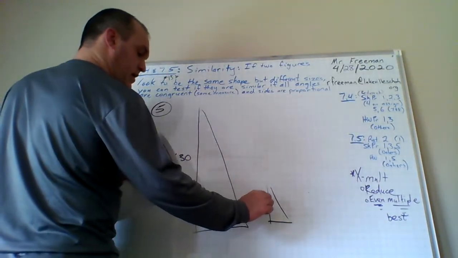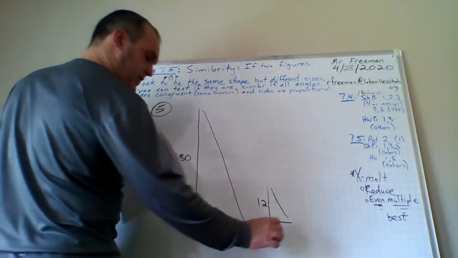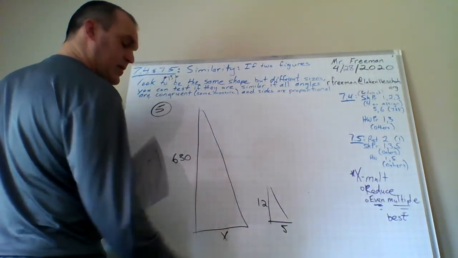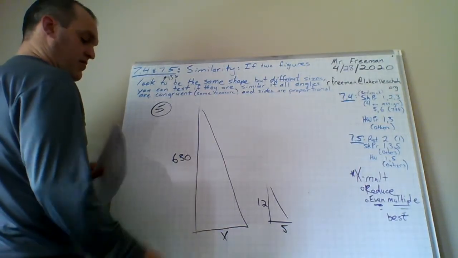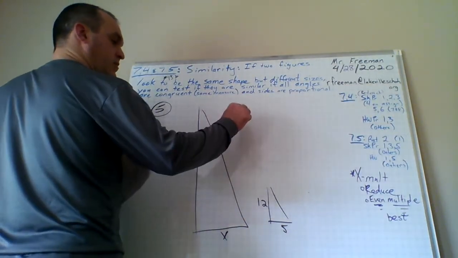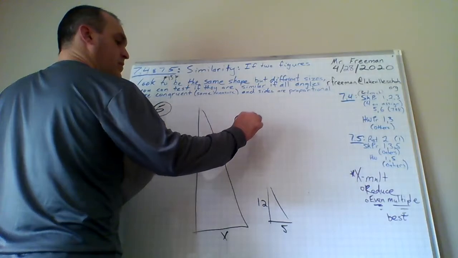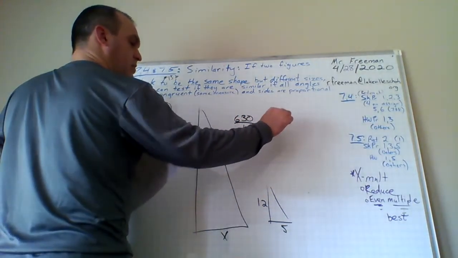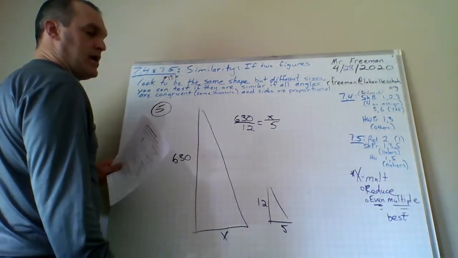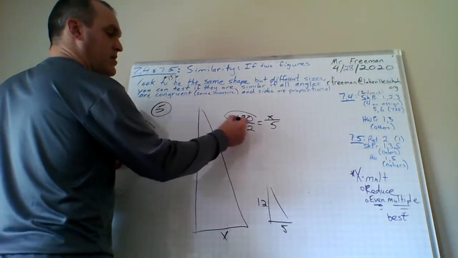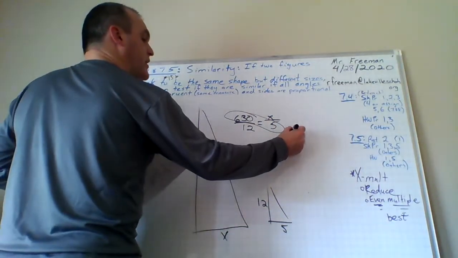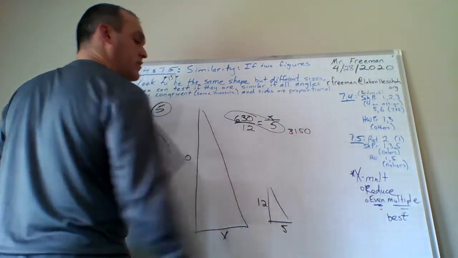And we know this is 12, and we know this is 5, but what we don't know is this guy right here. But we know enough because we know that 630 is like 12, and we know that that x must be like the 5, so that when we do this problem now, we can cross multiply the 630 and the 5, and when you do that, you would get 3,150.